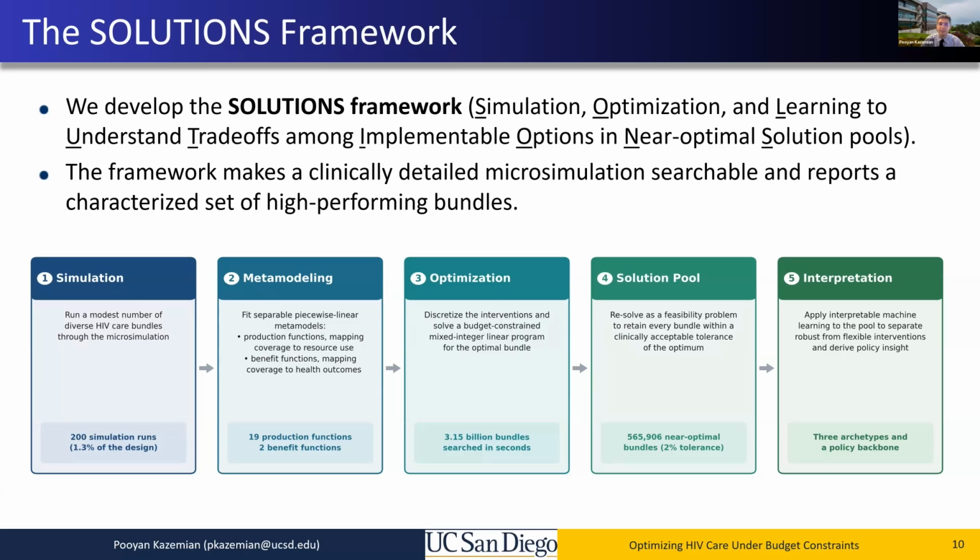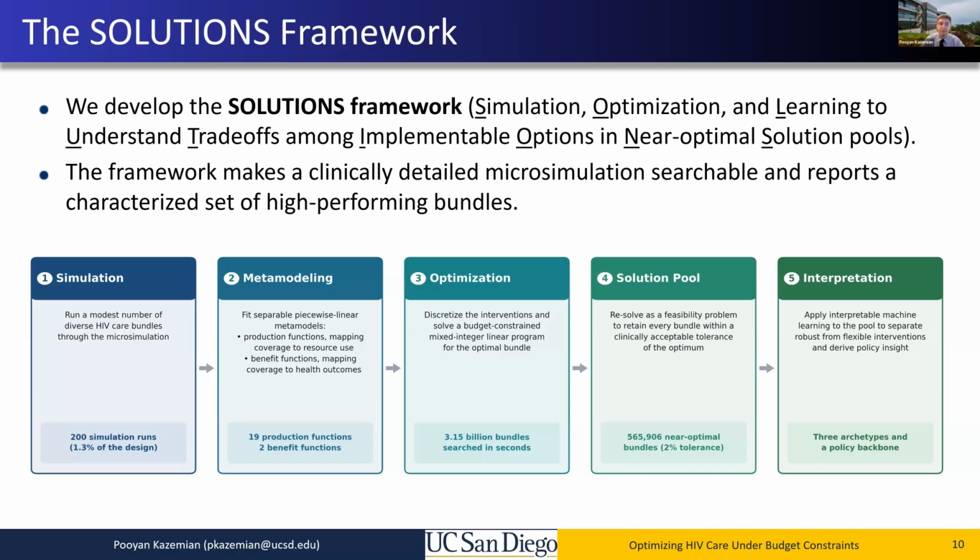We need to develop meta-models, ideally linear meta-models, to model the decision space. And here we develop two sets of meta-models. One is called production functions that map coverage to resource use, and the other set is called benefit functions that map the coverage level to health outcomes of interest.